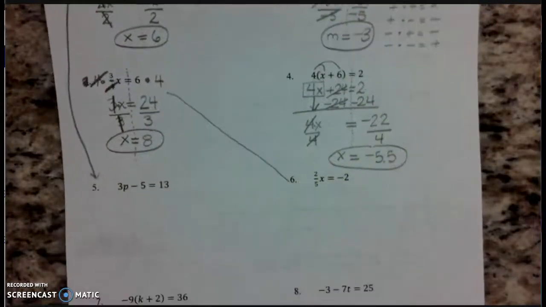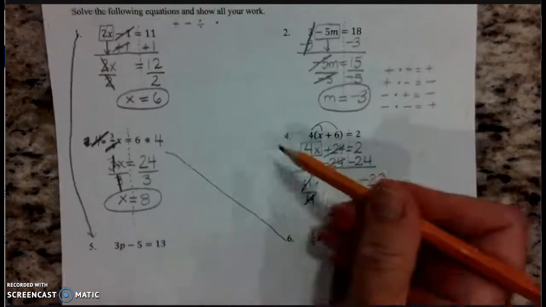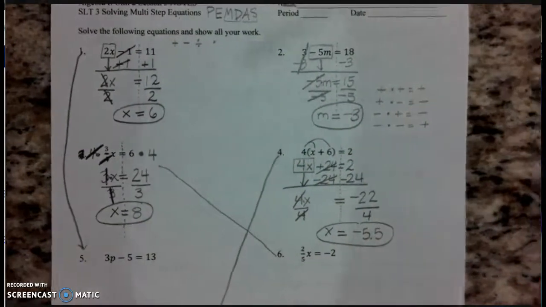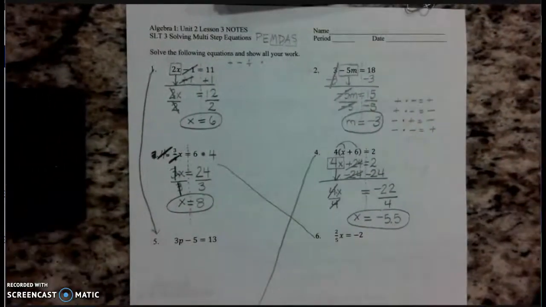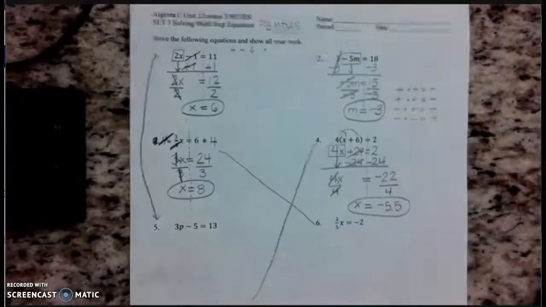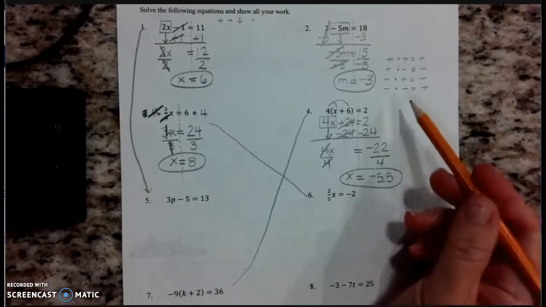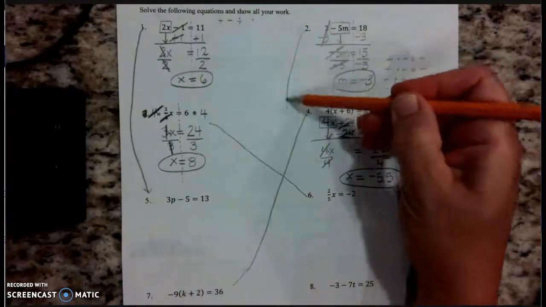And then number 7 has the parentheses, just like number 4 does. It's a little taller. And then finally, number 8 has the variable close to the equal sign, like number 2.